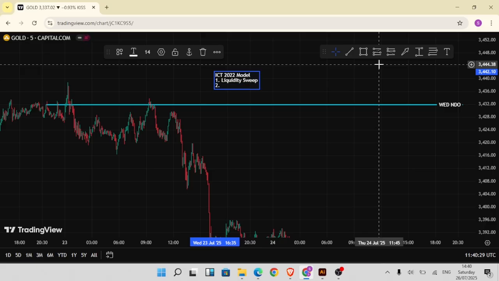Then the second thing we look for is market structure shift, and the third thing we look for is PD arrays for entries. And these PD arrays, we said we will have fair value gaps, inverted fair value gaps, and breaker blocks.